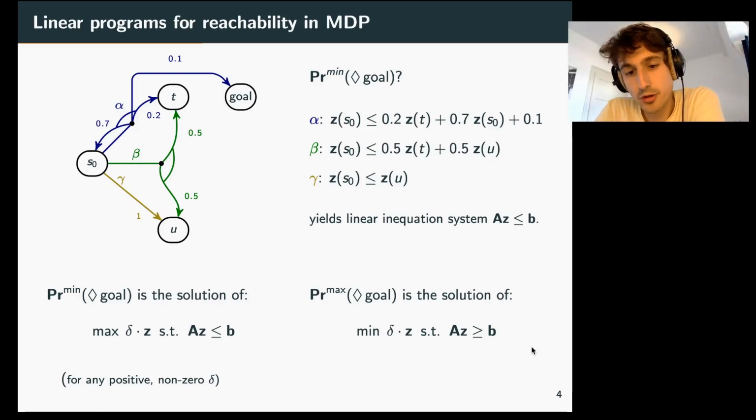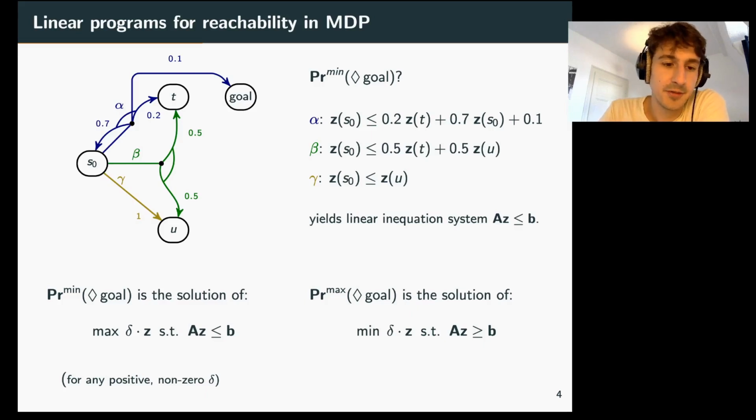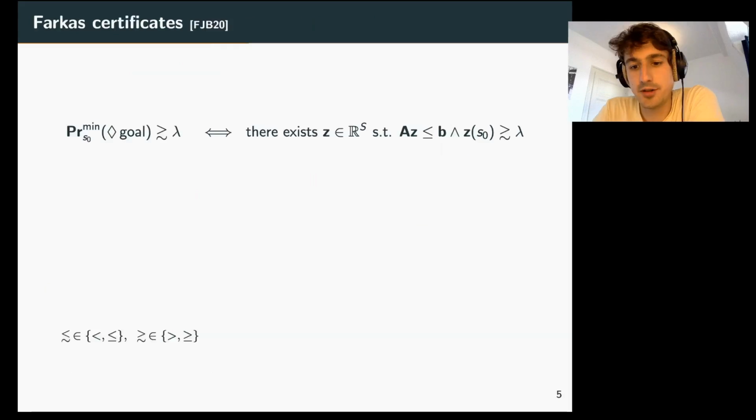Now, we're not so much interested in computing the actual values, we're more interested in threshold properties for these vectors, or for the value in the initial state, say. So in previous work, we have introduced so-called Farkas certificates, and they are based on the following observation.